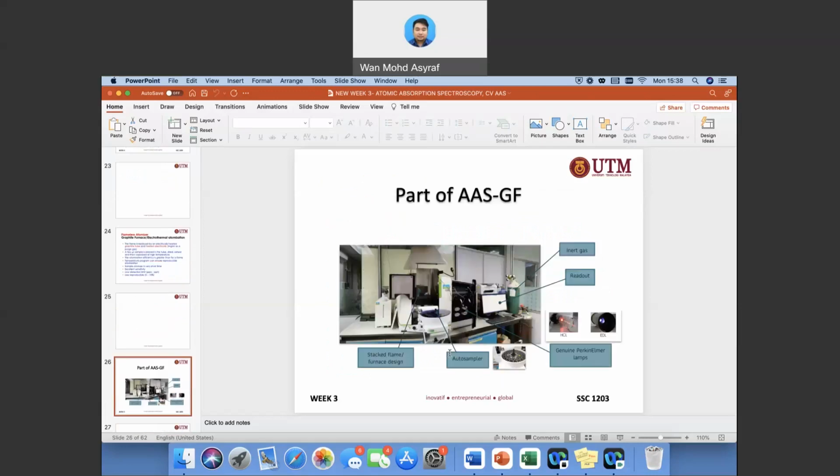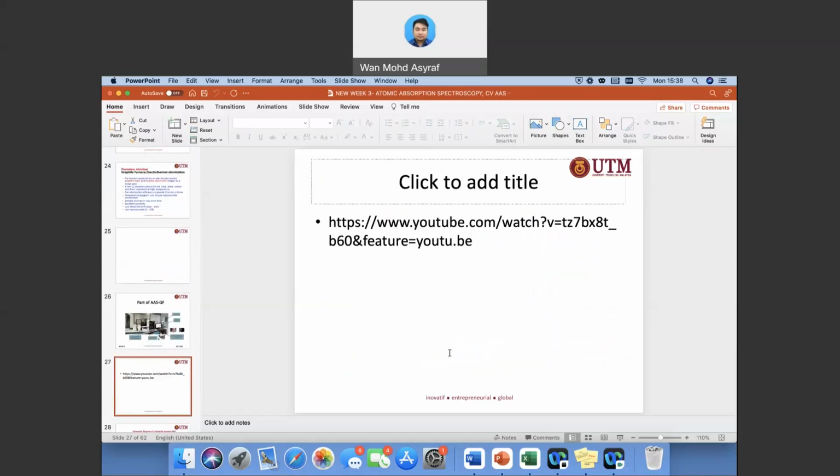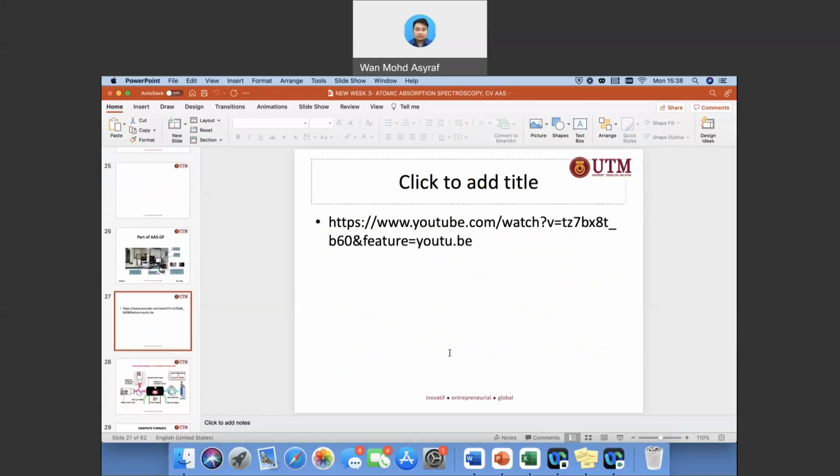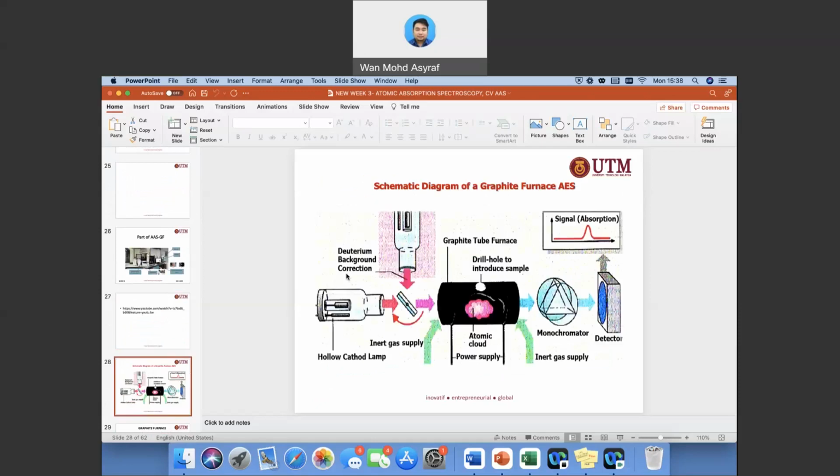This is just the instrument part of it. I think you can watch this video later on during your own time. So this is a schematic diagram of a graphite furnace AAS. Basically, it is quite the same: we do have a light source, and this is the graphite furnace.